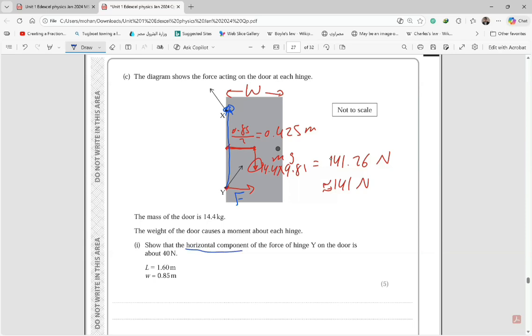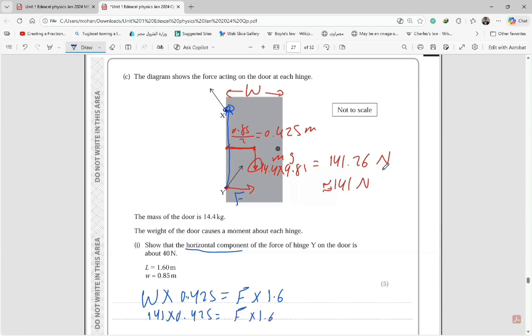So we can say that this is the force he needs to know. Okay, and we can say that the weight times 0.425 equals the force multiplied by L, which is 1.6. The weight is 141 times 0.425 equals F times 1.6.